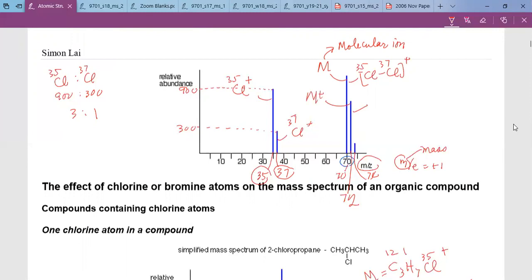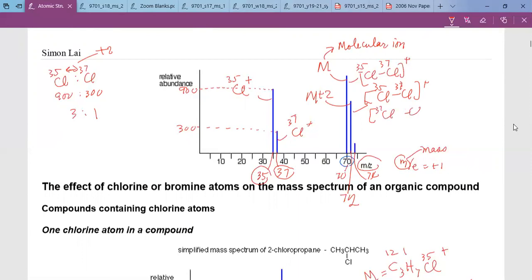Why plus 2? Because chlorine has a plus 2 difference in the isotope. So plus 2, it must belong to Cl35 and Cl37.